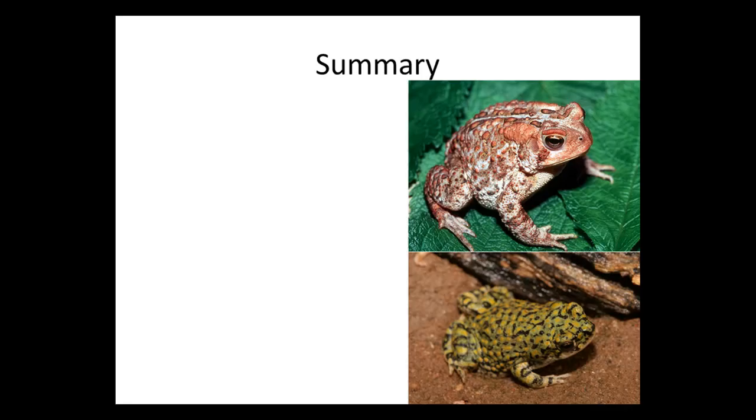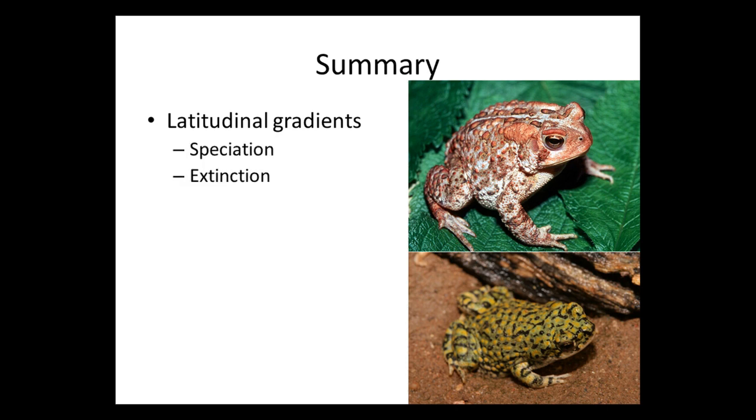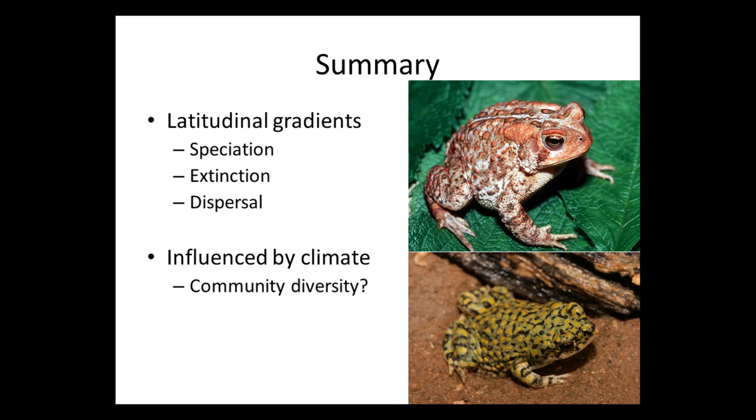So basically, it's pretty easy, at least conceptually, and now I think empirically, to explain latitudinal gradients as a function of latitudinal variation, speciation rates, and extinction rates, and then theoretically dispersal between regions, as well as we can estimate that. The influence from climate, which has several different potential mechanisms, seems, at least in amphibians, to primarily relate to feedback on community diversity.